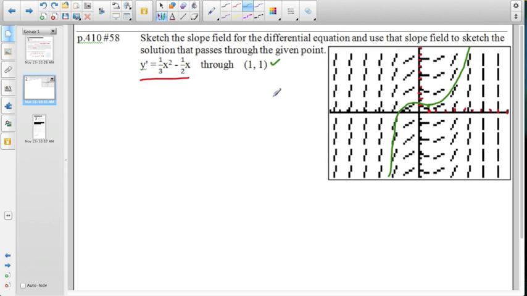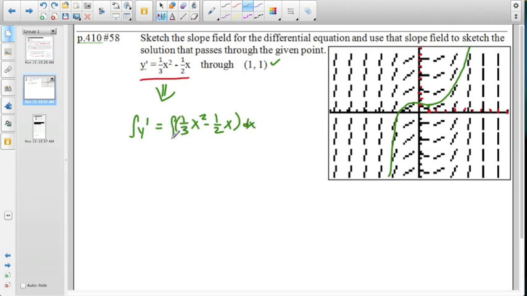That shape tends to look like a cubic. And of course, if we wanted the particular solution to this, we'd have to integrate. If this is a quadratic and this is an expression for the derivative, then integrating that would give a cubic. So integrating y prime would require integrating this, which is easy enough to do.